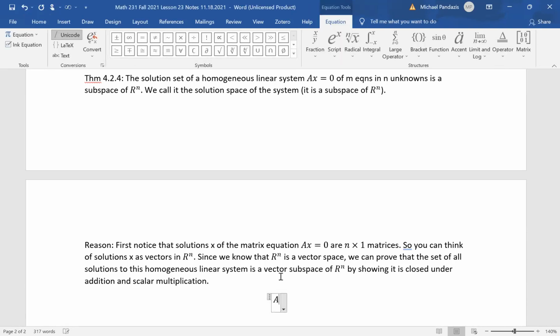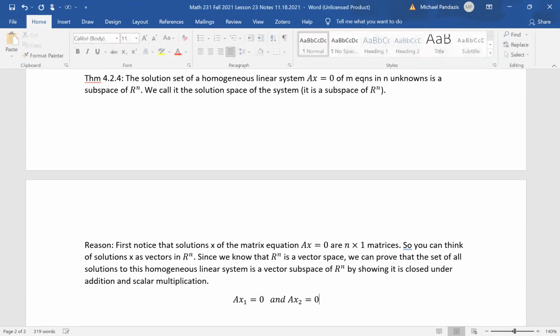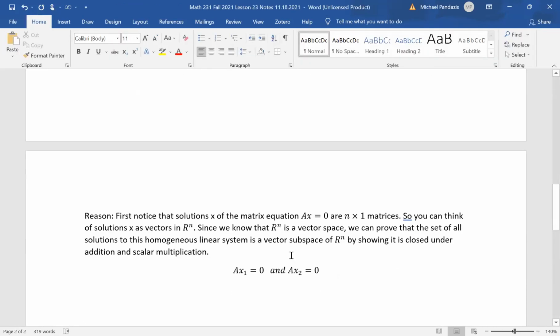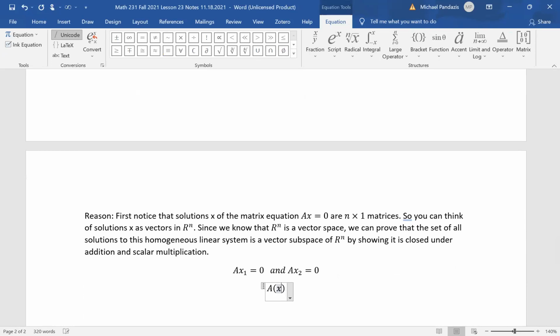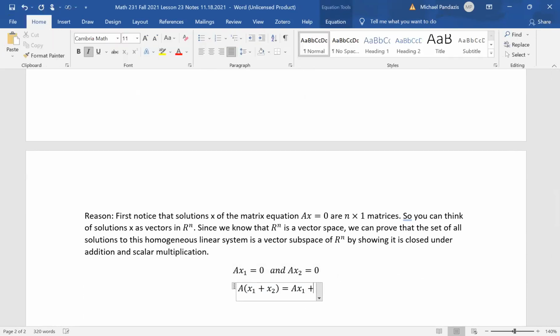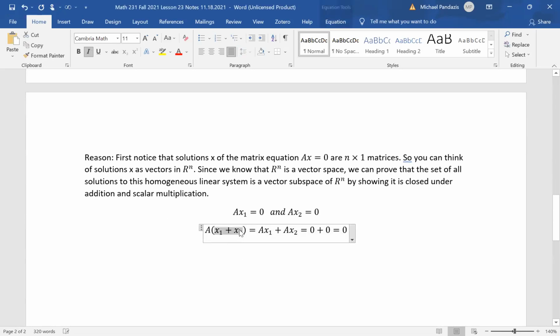Okay, so if you have one solution, Ax1 = 0, excuse me, and you have another solution, Ax2 = 0, then if you looked at A times (x1 + x2), by properties of matrices this would equal Ax1 + Ax2. And since Ax1 is 0 and Ax2 is 0, this is 0 + 0, which is 0. So what I just showed is that x1 + x2 is also a solution of the matrix equation.